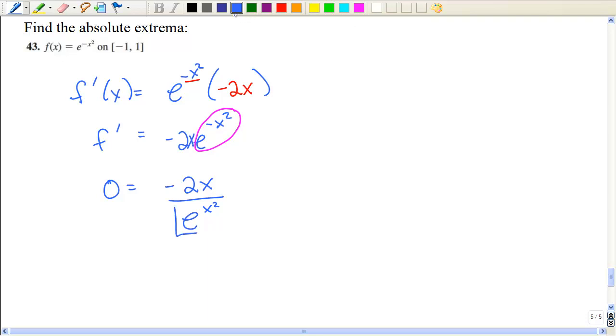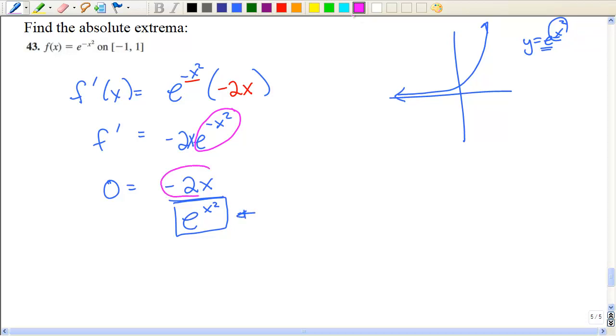E to the x can never be 0. You might want to go back and look at the original graph of y equals e to the x. Looks like that, has no negative values. Especially if x is then squared, that's always going to be positive, and e is a positive number. So the denominator can't be 0. So the only time this fraction is going to equal 0 is when the numerator equals 0, and that's when x would be 0.